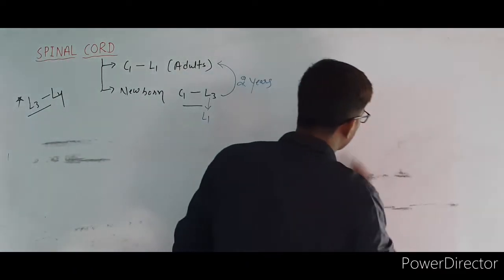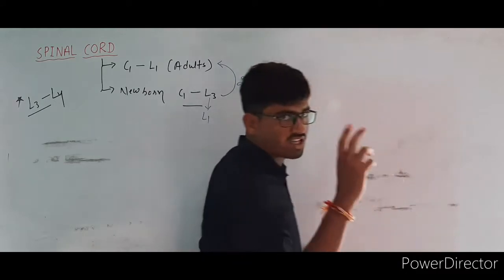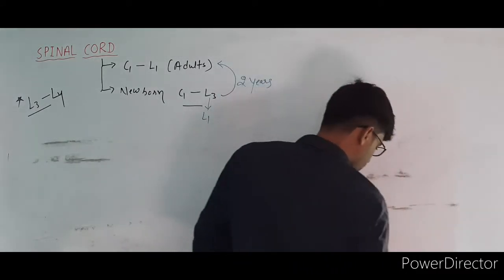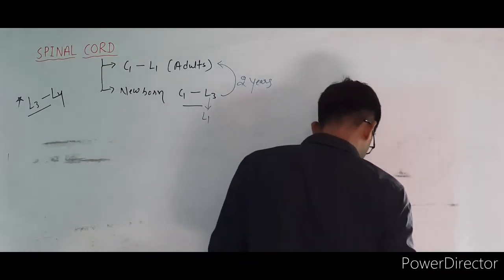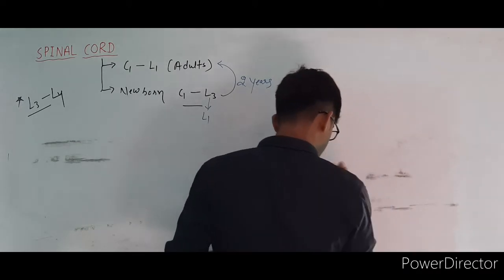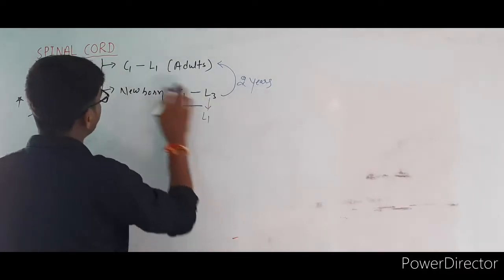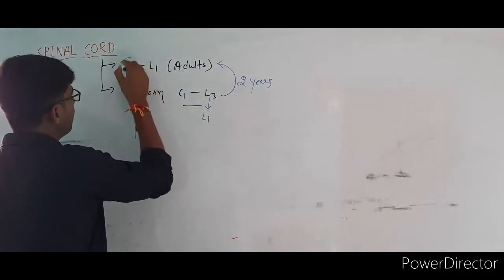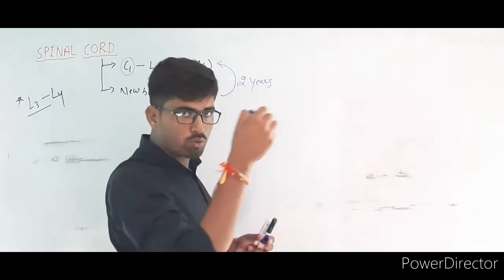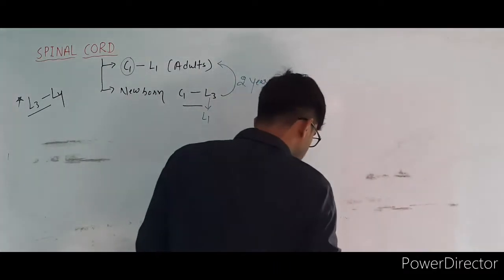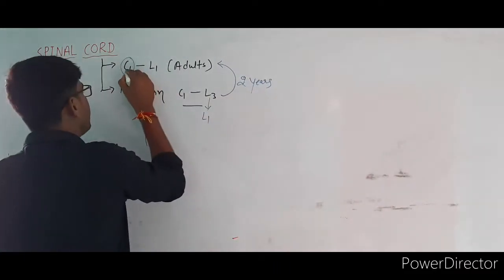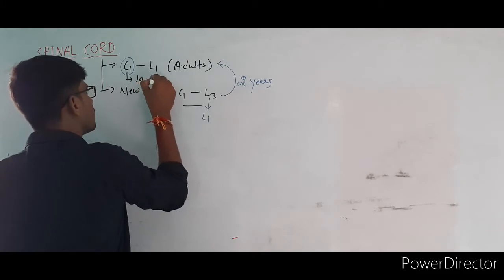So here I am going to draw one diagram for the spinal cord. See here, it starts from C1. Which border, upper border or lower border? Obviously it's the lower border.